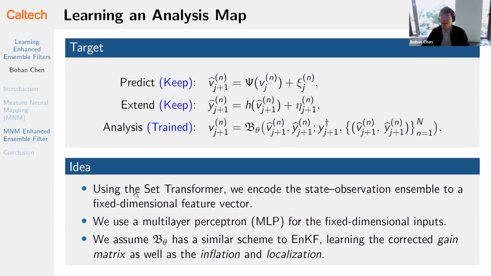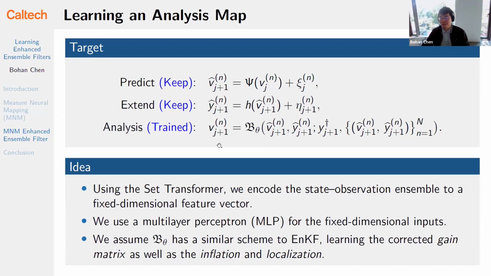Using the Set Transformer, we can encode this state-observation ensemble into a fixed-dimensional feature vector. Once it is a fixed-dimensional feature vector, we can use a multi-layer perceptron to deal with it.